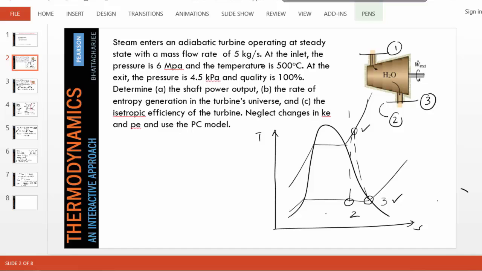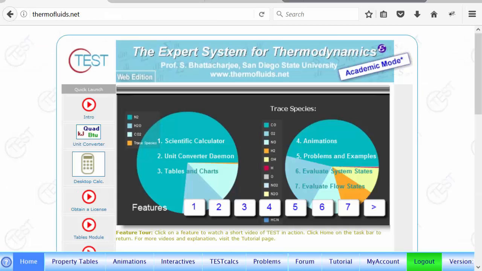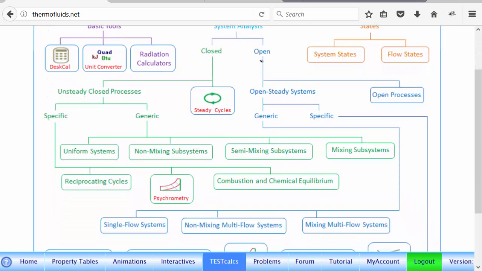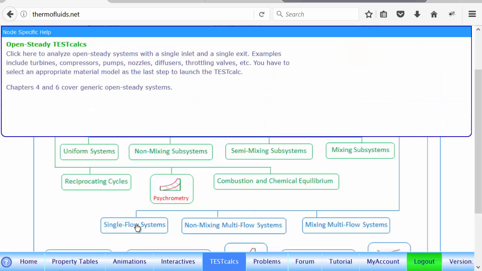We're going to enter the known conditions for the inlet state 1 and state 3, and we'll create an isentropic state using constant entropy. So let's launch the test calc first. I've already logged in to the thermofluids website, test calcs, and again it says system analysis. We follow the open branch, open steady, generic, single flow systems.